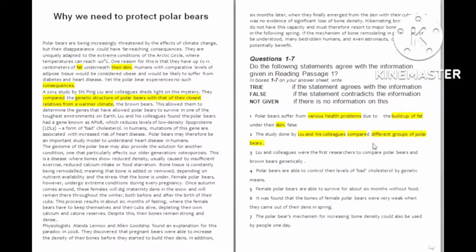Here the question says compared different groups of polar bears, but the information given says they compared polar bears with their closest relatives from a warmer climate. Different groups of polar bears and closest relatives are not the same thing, so the answer would be false.